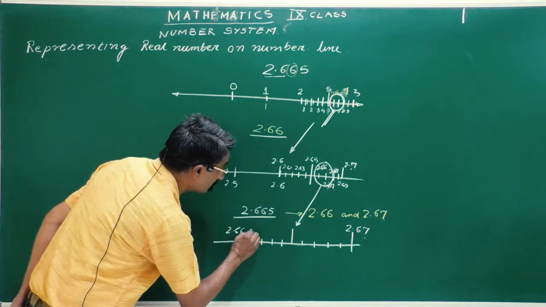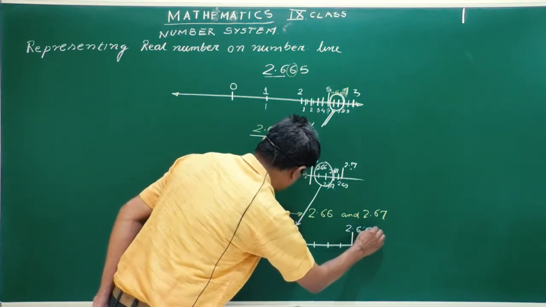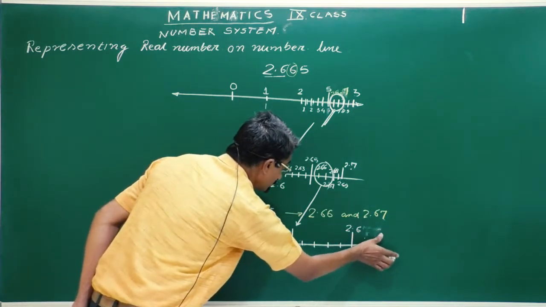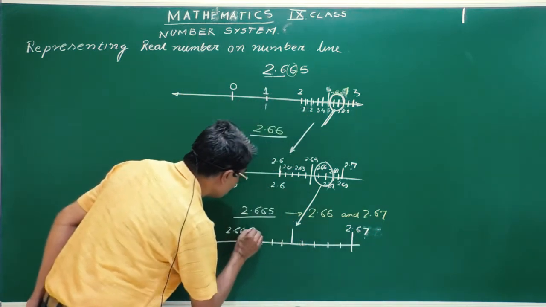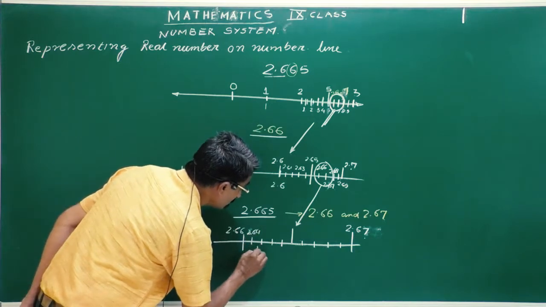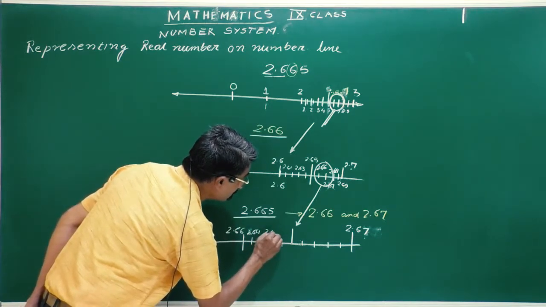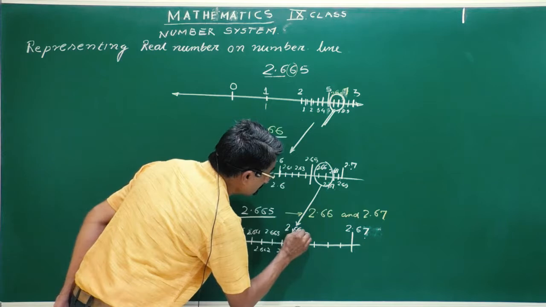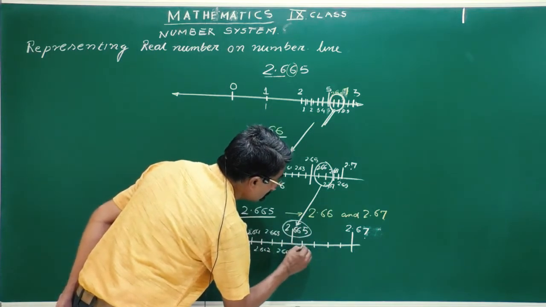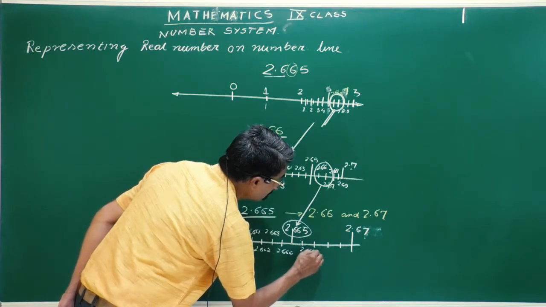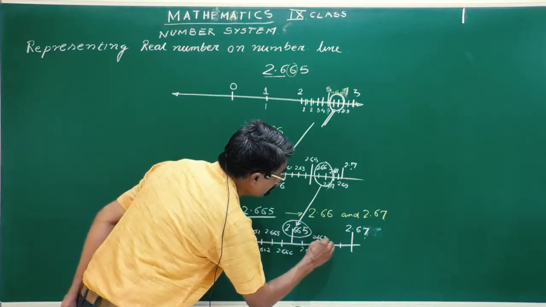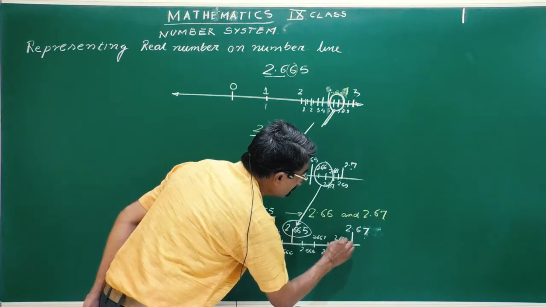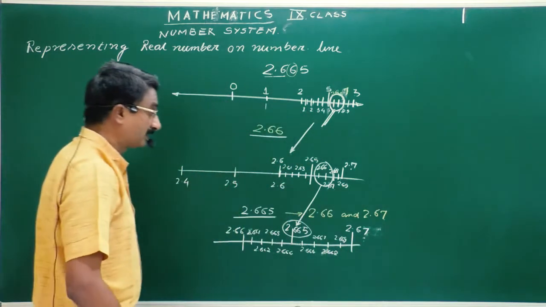So this is 2.66, 2.661, 2.662, 2.663, 2.664, this is 2.665, 2.666, 2.667, 2.668, 2.669 and 2.67.